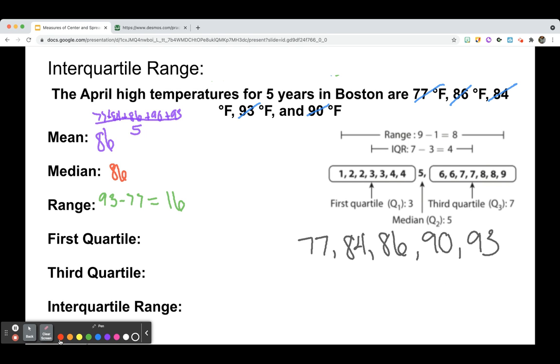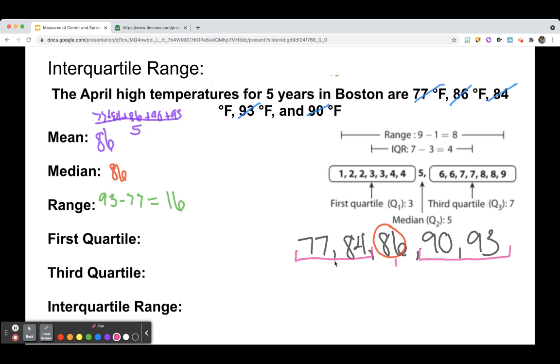Our median was 86. Our first quartile is going to be the first section. The median was technically quartile number 2. And then our third quartile is this section here.